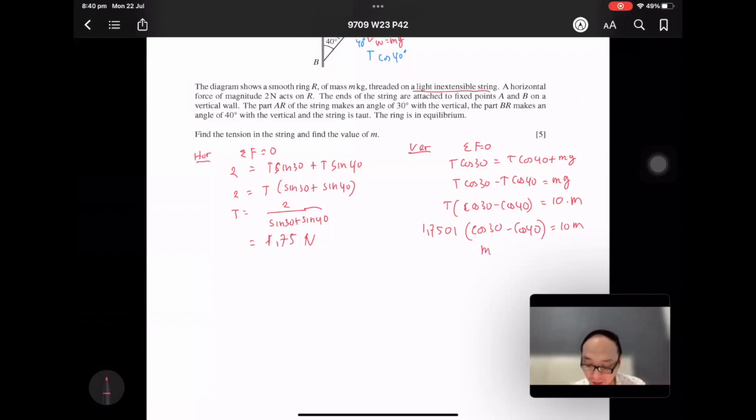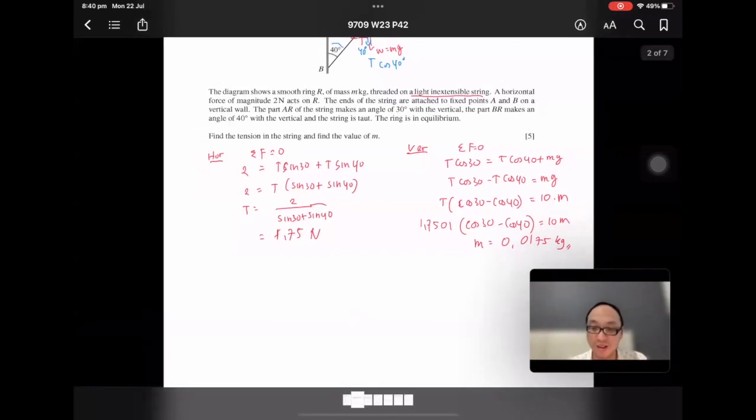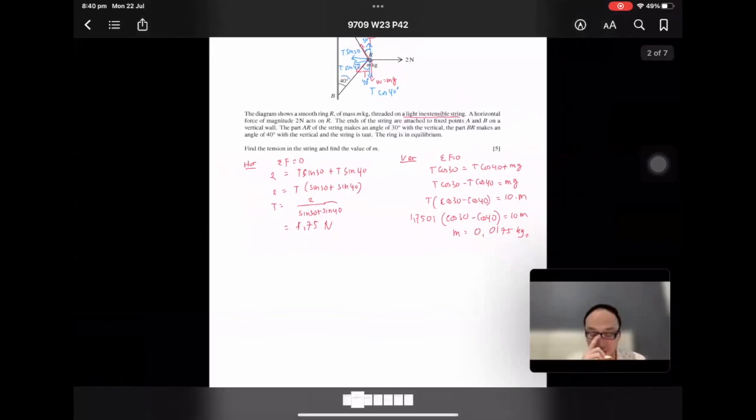So m will be equal to the answer times (cos 30 minus cos 40), and then divide by 10, equals 0.0175 kilogram. So this is the answer for number 2.